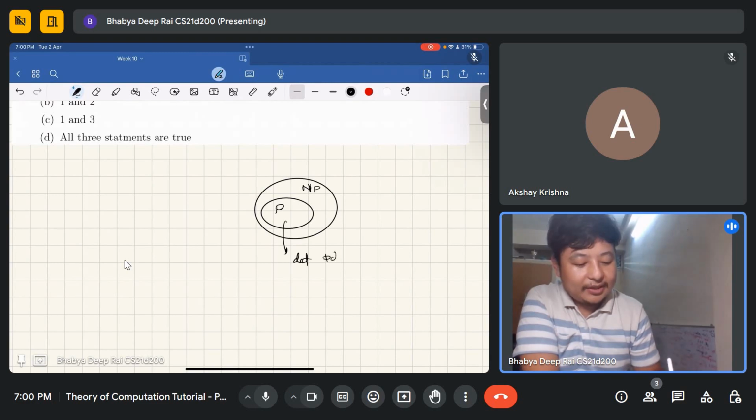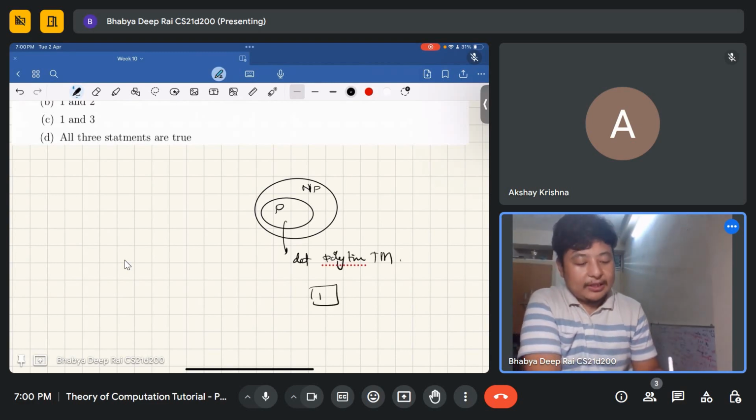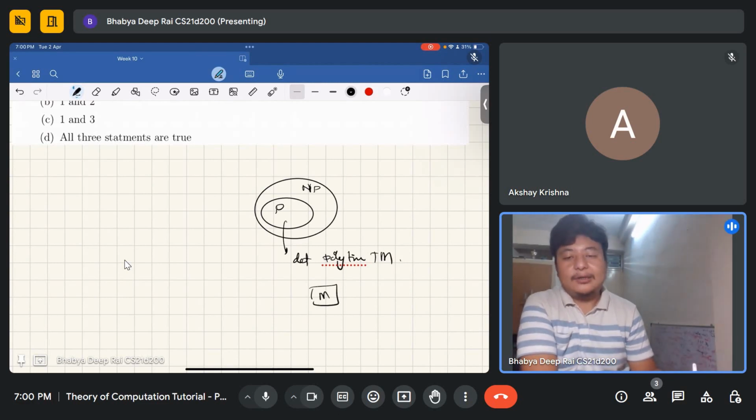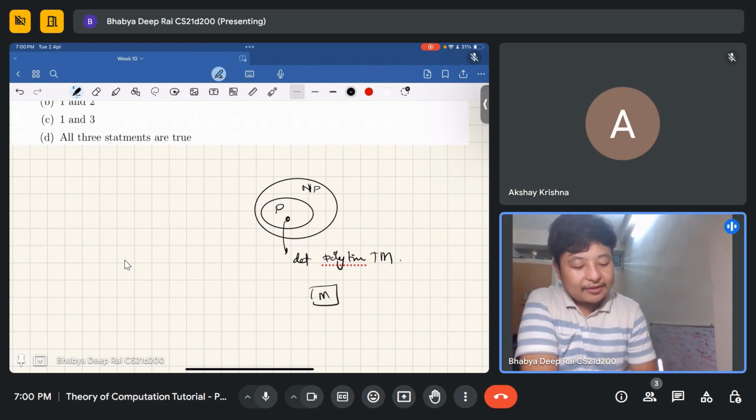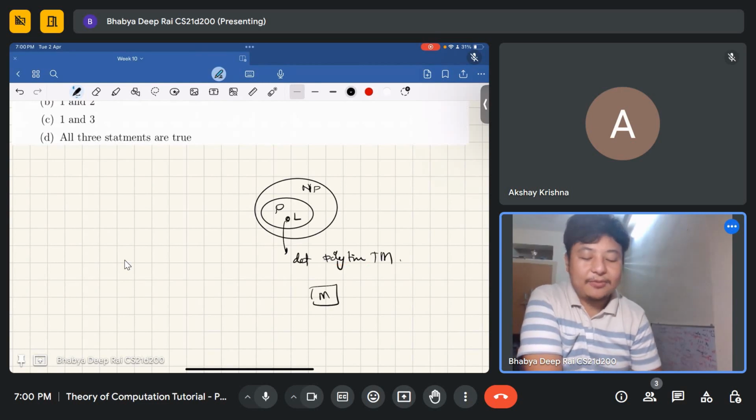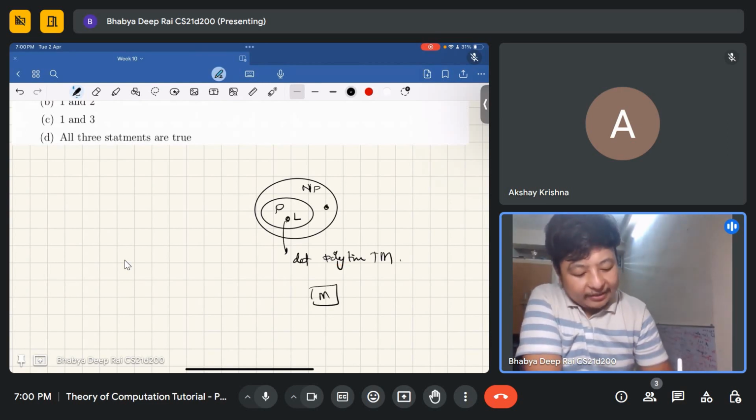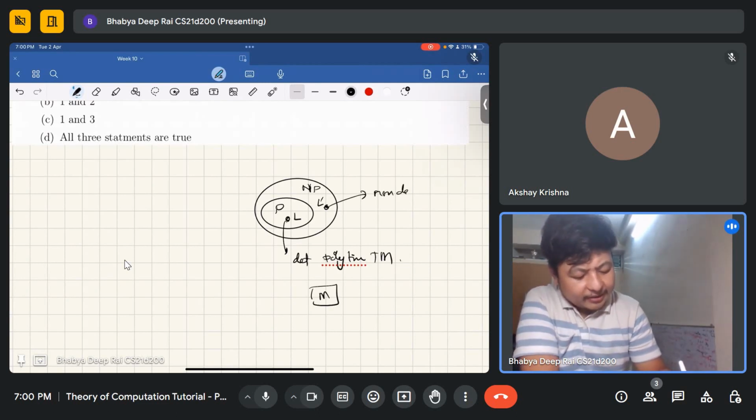Any language here, L, has a deterministic polynomial time Turing machine, and any language here, L prime, has a non-deterministic polynomial time Turing machine.